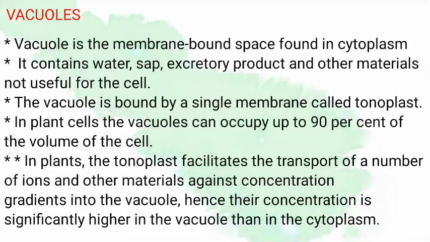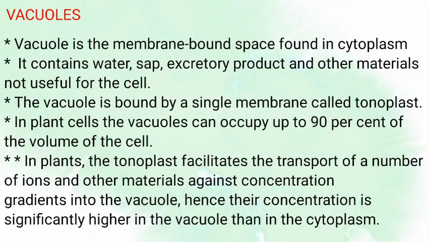Vacuoles. Vacuole is the membrane bound space found in cytoplasm. It contains water, sap, excretory products and other materials not useful for the cell. The vacuole is bound by a single membrane called tonoplast.